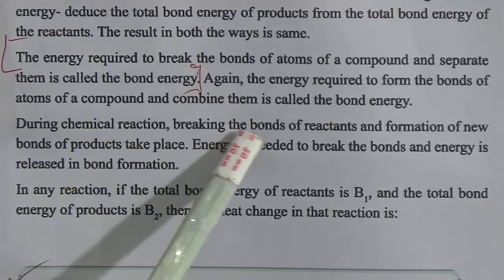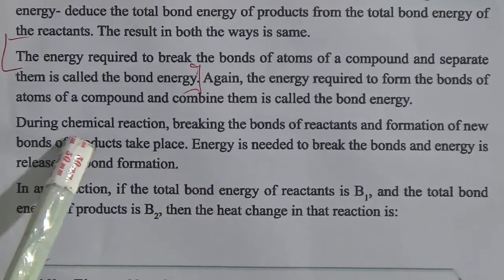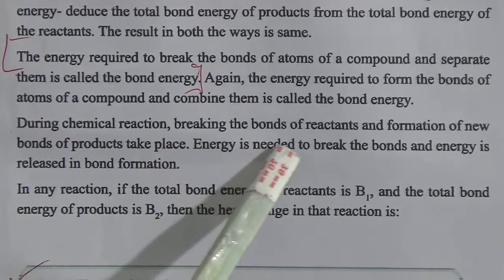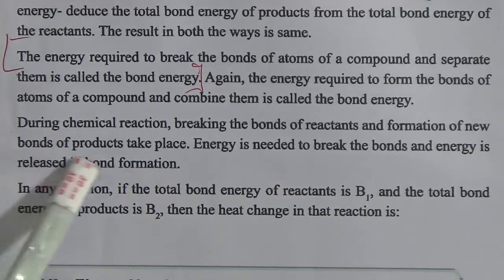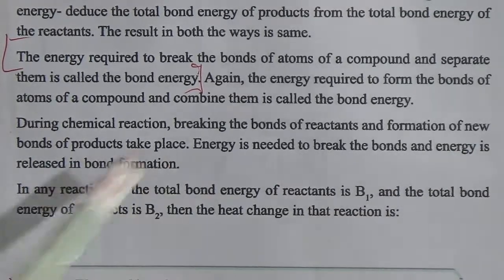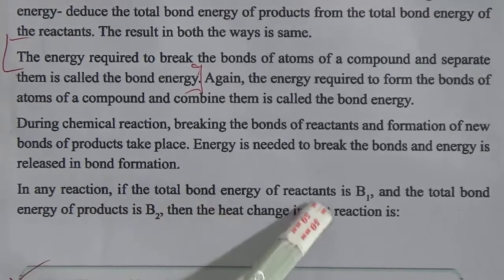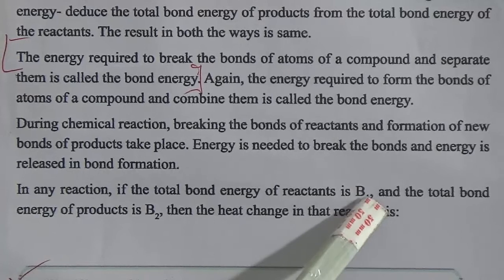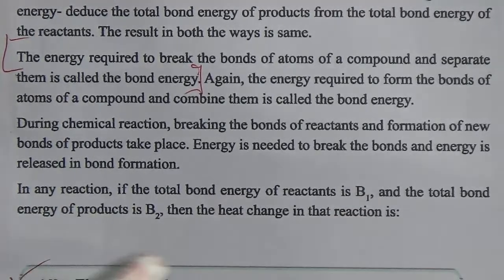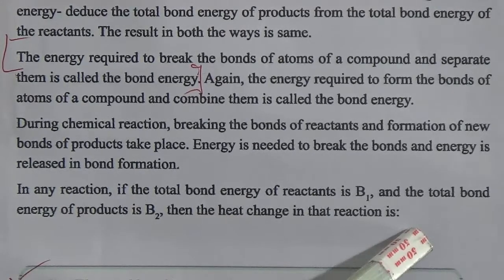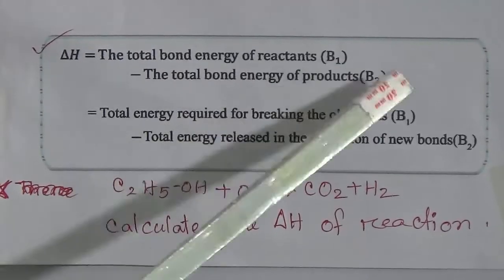During a chemical reaction, breaking of bonds of the reactant and formation of new bonds of the product take place. Energy is needed to break the bond and energy is released in the bond formation. And in any reaction, if the total bond energy of the reactant is B1 and the total bond energy of the product is B2, then the heat change in the reaction, del H, is equal to B1 minus B2.